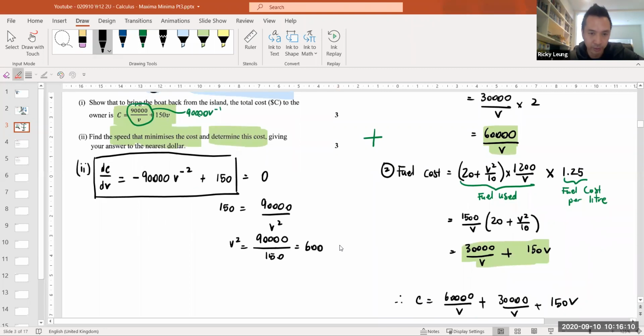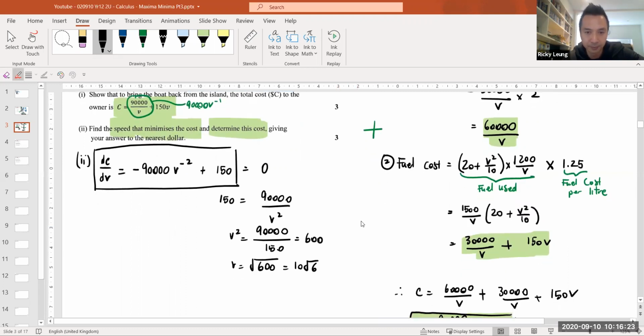So you know what? For our purpose here, let's just leave it in nice exact form, so 10 root 6. This is meters per second, I believe. No, kilometers per hour. So that number there gives us the maximum or minimum cost. Hopefully it's minimum, because otherwise we'll be doing this wrong. So once we get that, let's test.